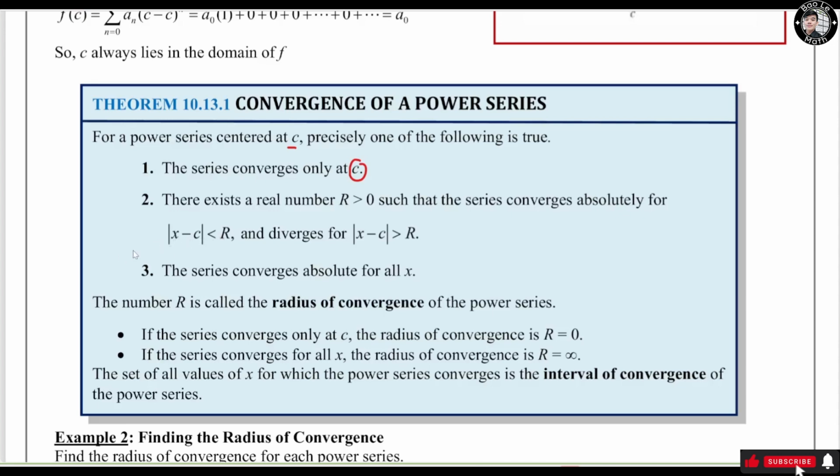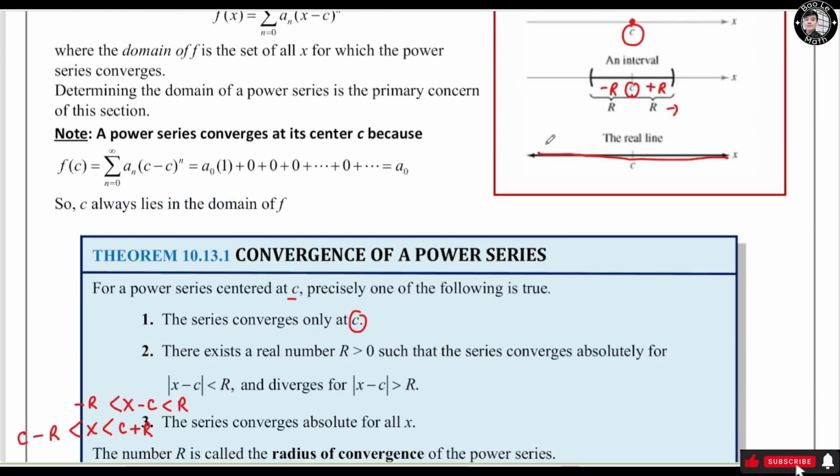Now we're going to expand this one. It turns out to be x minus c less than r and greater than -r. Now I'm going to add c to all three sides, so I end up with c minus r less than x less than c plus r.